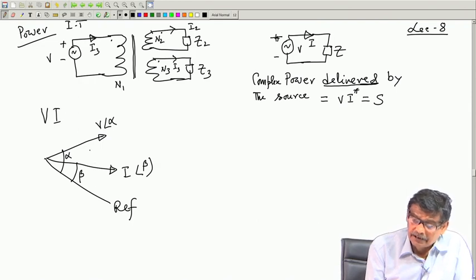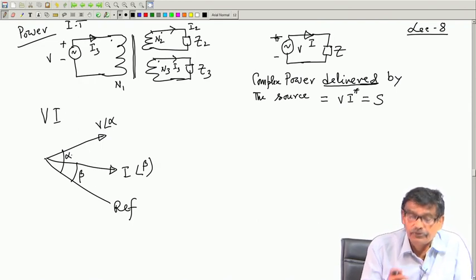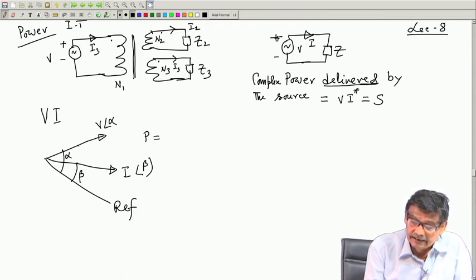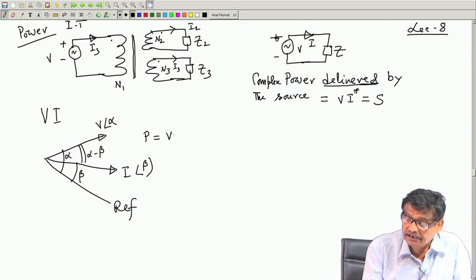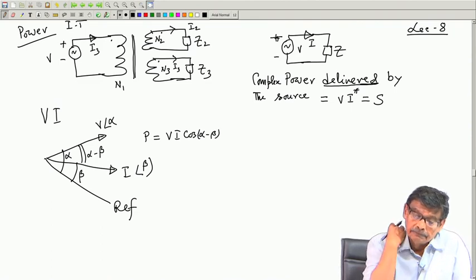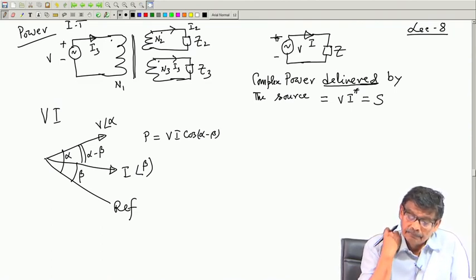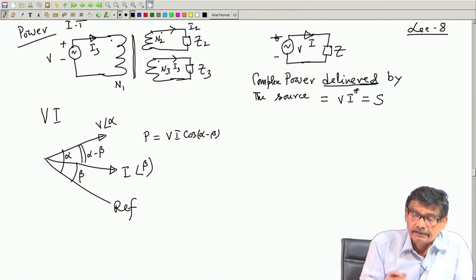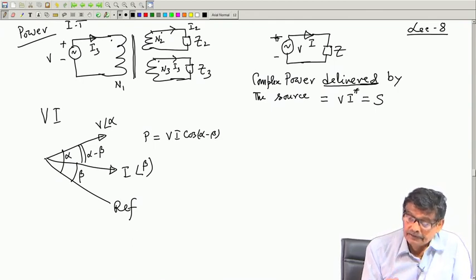Therefore, real power, as you know, should be V I cosine alpha minus beta, is it not? This angle is alpha minus beta. So, real power is V I cosine alpha minus beta, and reactive power will be V I sine alpha minus beta.